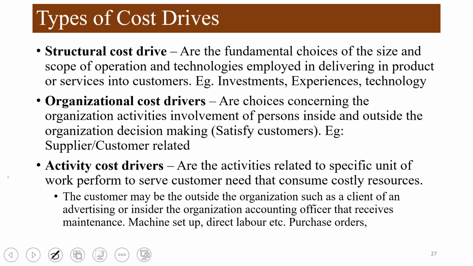Let's say the number of purchase orders is one cost driver. Try to identify the cost. Likewise, number of transportations, number of labor hours. You can convert all of these into cost drivers, right? Those are the different cost drivers.